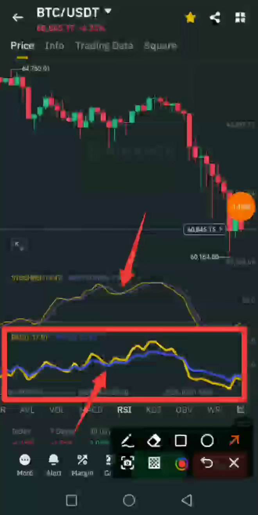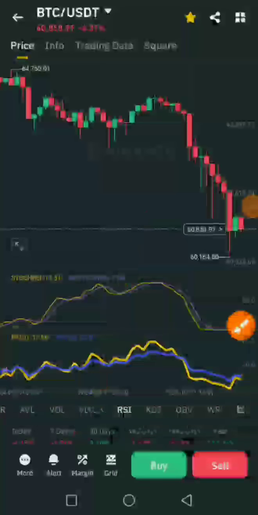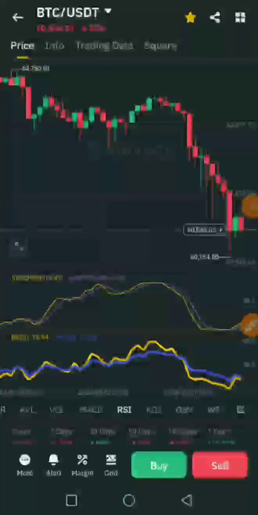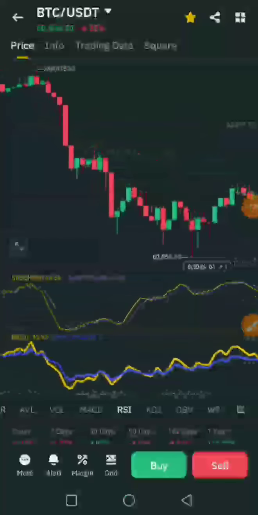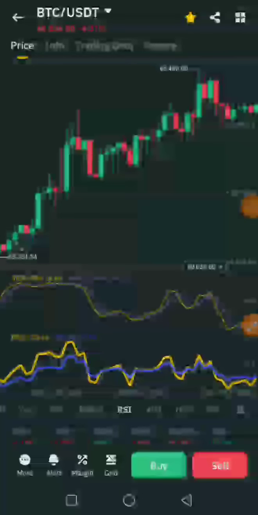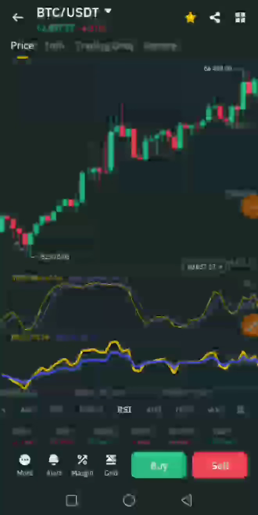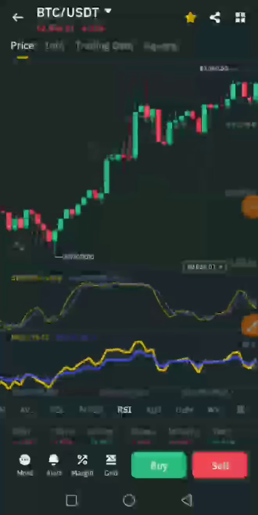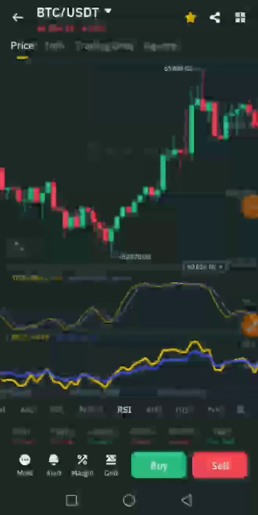So the reason why this stochastic RSI is so important is because there are times when the market goes up and the RSI confirms an overbought condition, but in reality, the asset does not have any plan of reversing. Let me give you an example.